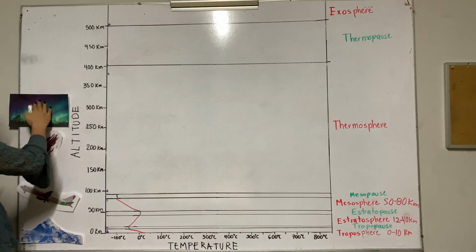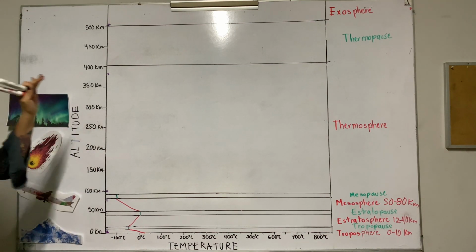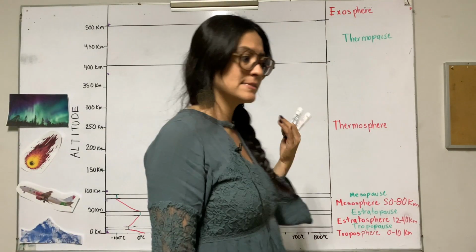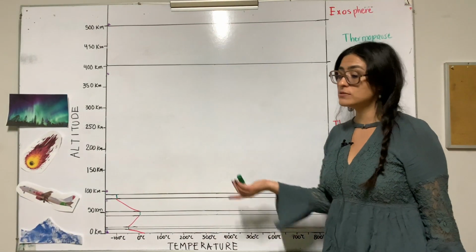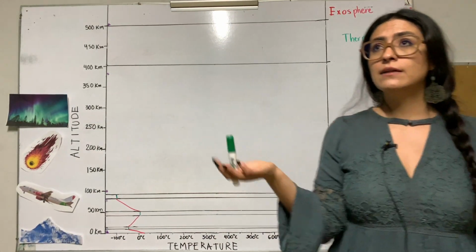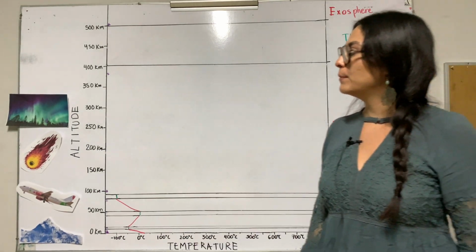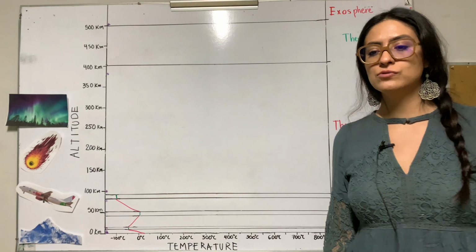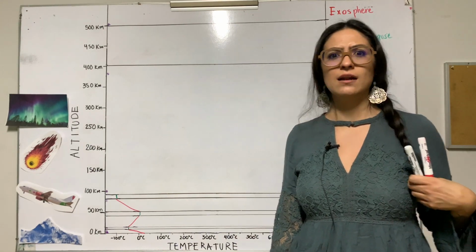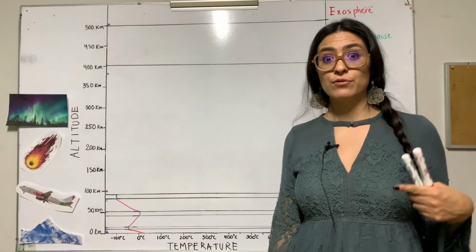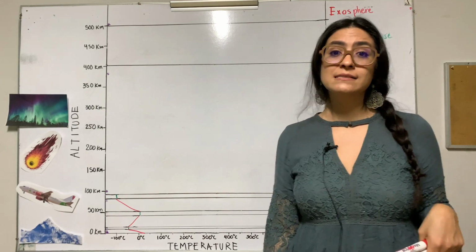It's something that we call aurora, the northern lights, aurora borealis, that's the name. We have auroras not only in the North Pole, in the northern latitudes, we also have them in the southern latitudes, but in the south they are called aurora australis, because austral means south and boreal means north.